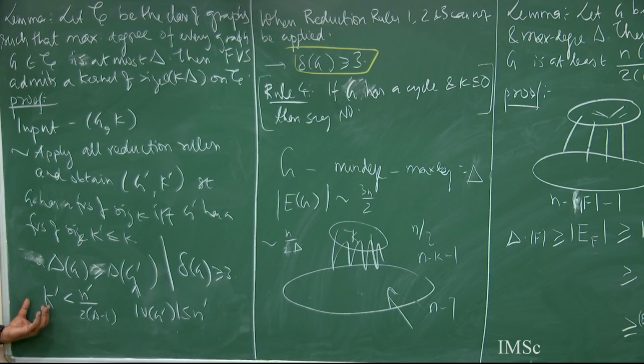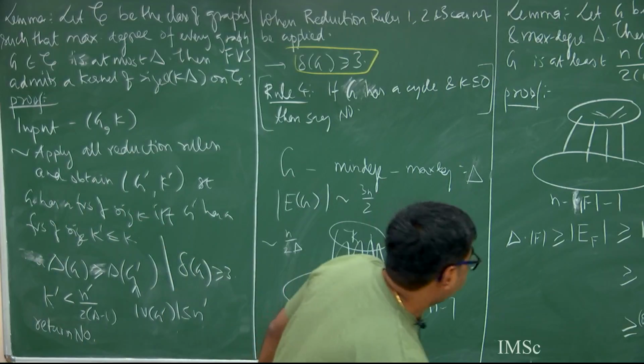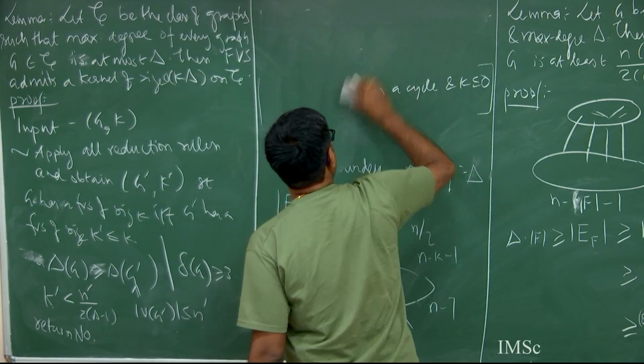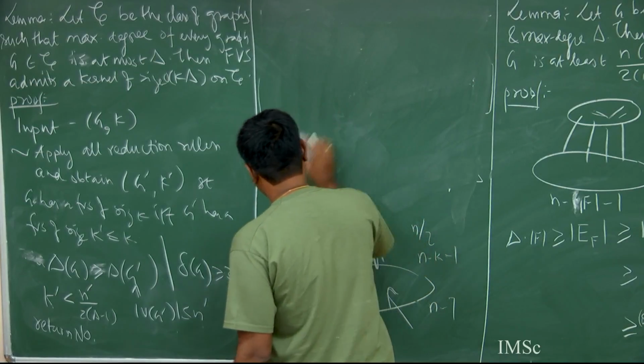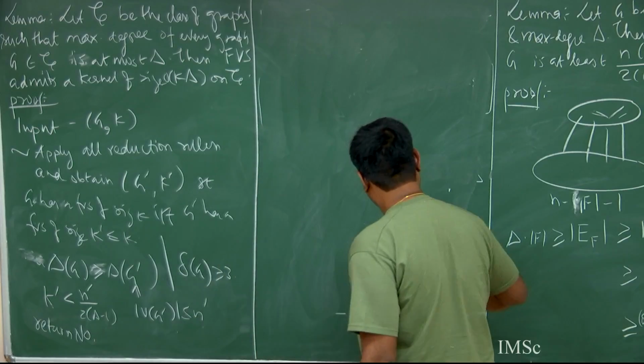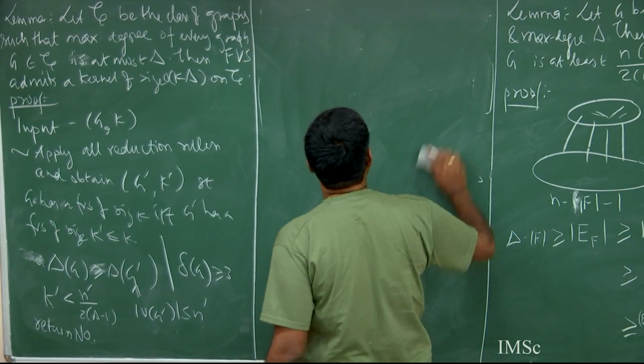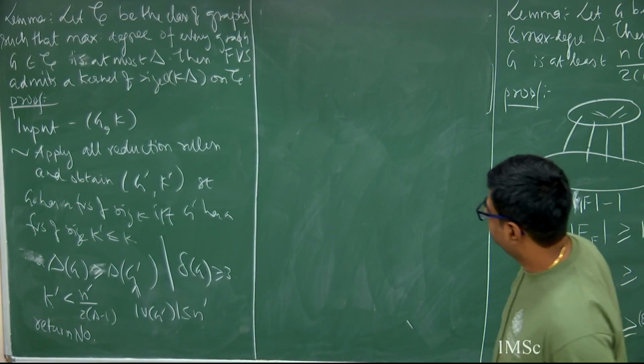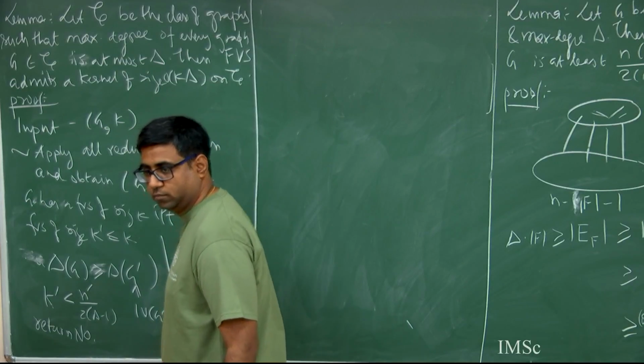So if K prime, which is the current parameter, is less than this number, then we can clearly say that there is no feedback vertex set of size at most K. In this case we return no, okay.